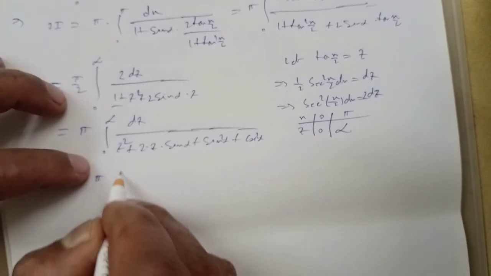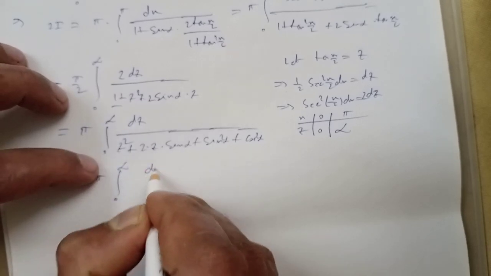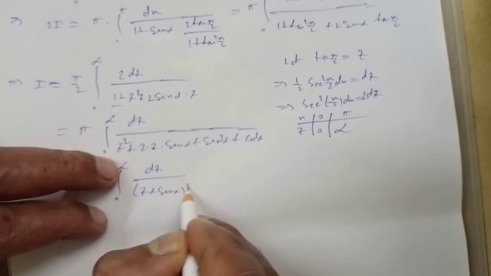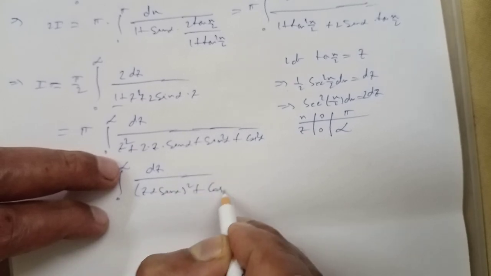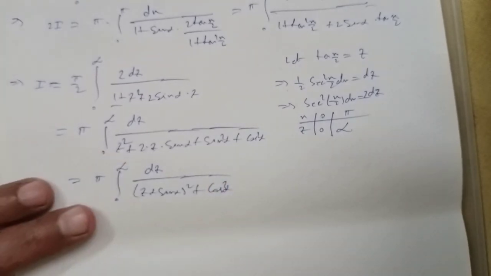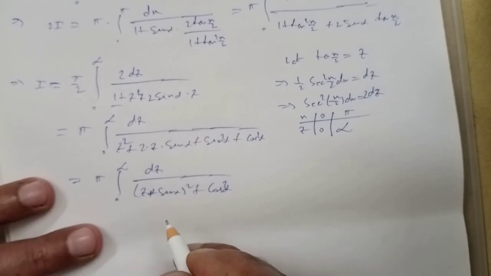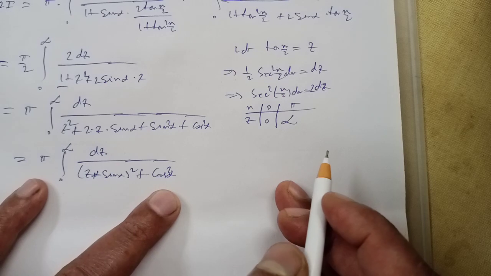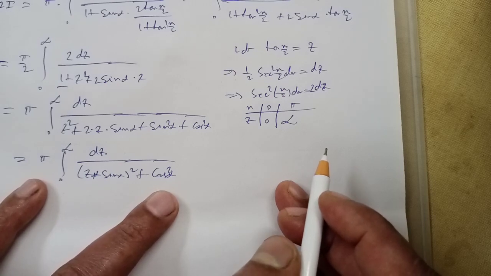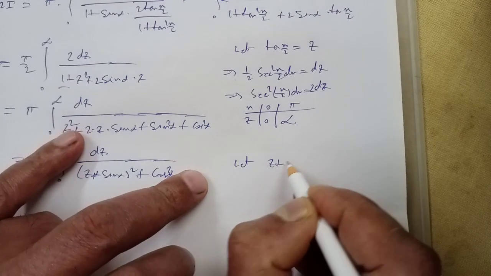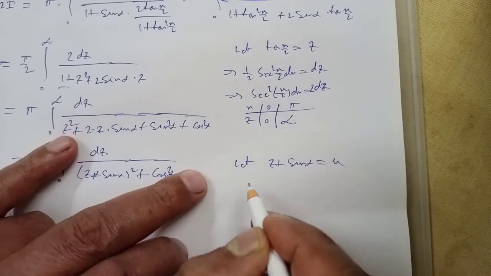Now we get pi integration 0 to infinity dz by z plus sin alpha whole square plus cos square alpha. Let z plus sin alpha equals u.